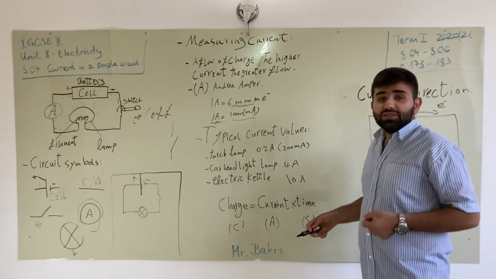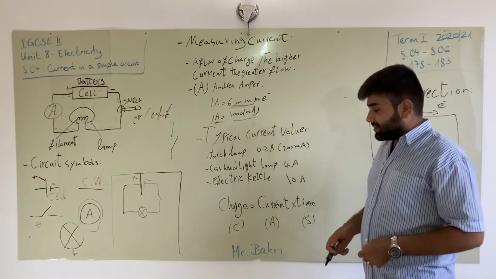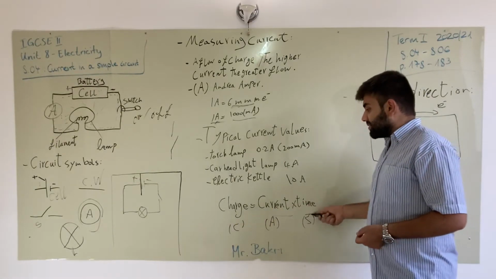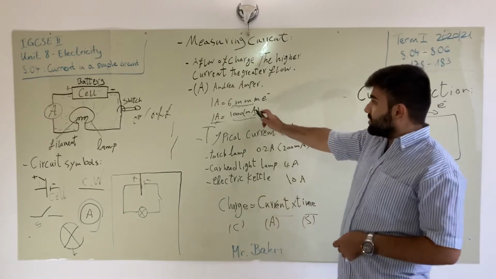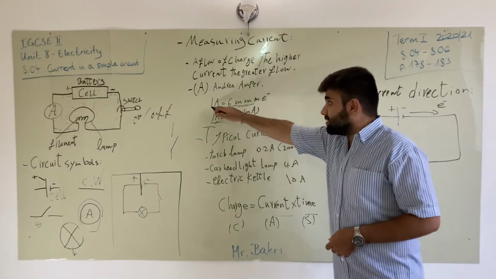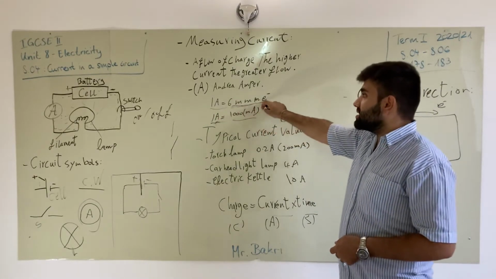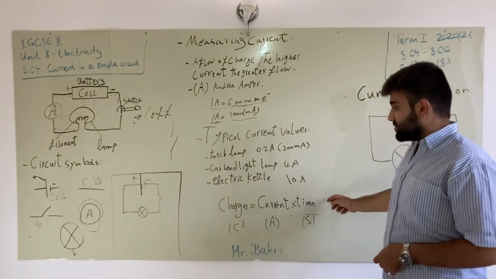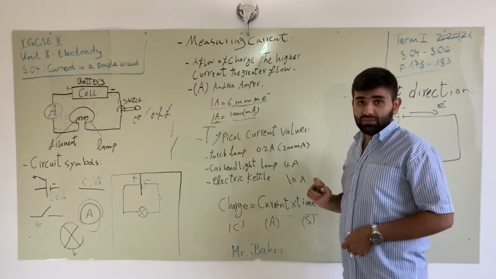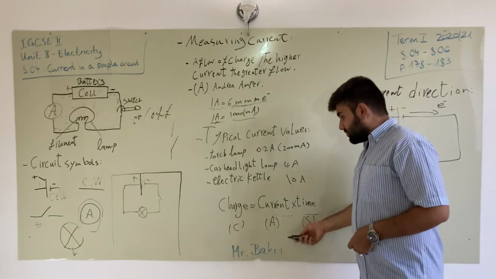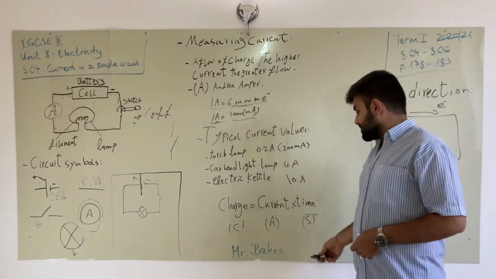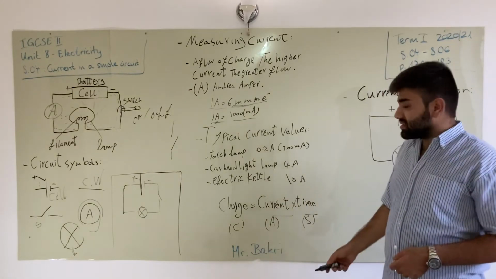Now we're talking about charge. Charge is measured in coulombs. Charge is the current multiplied by time. Every second, 1 ampere passes about 6 million million million electrons, which is 1 coulomb. The current is in amperes, the charge is in coulombs, and the time is in seconds.